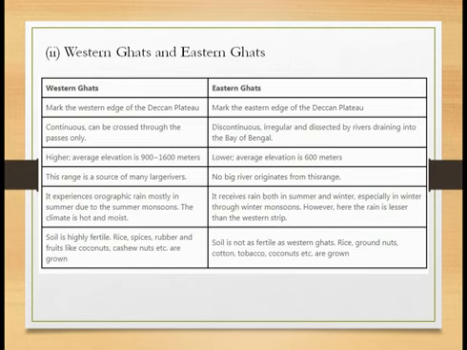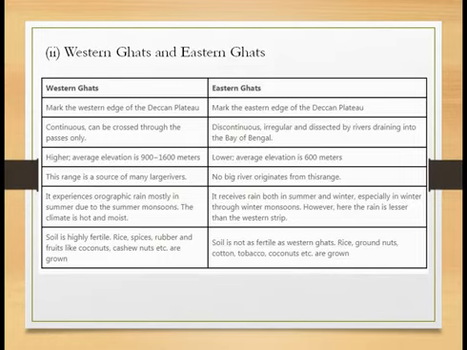Here we are seeing the Western Ghat is a continuous range, Eastern Ghat is not continuous. So continuous and discontinuous. Then where they are located. Western Ghat is at the western side of the Deccan Plateau, Eastern Ghat at the eastern part of the Deccan Plateau.